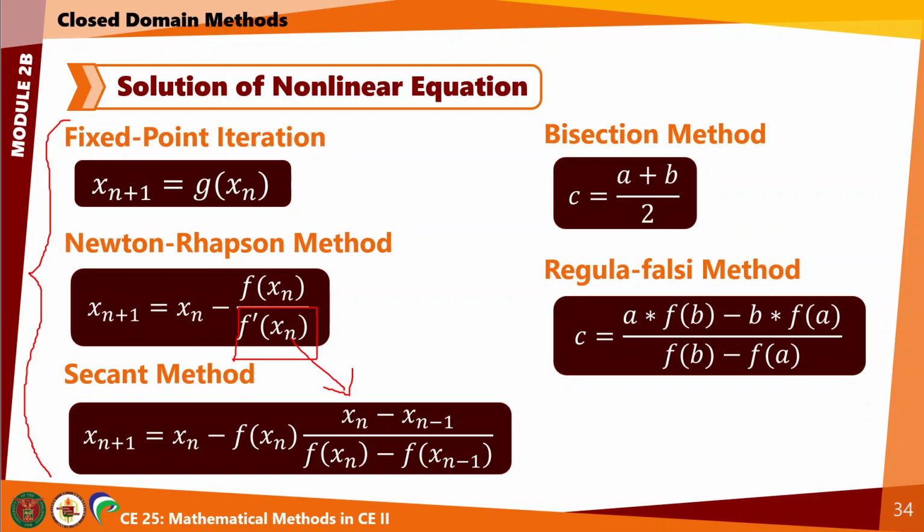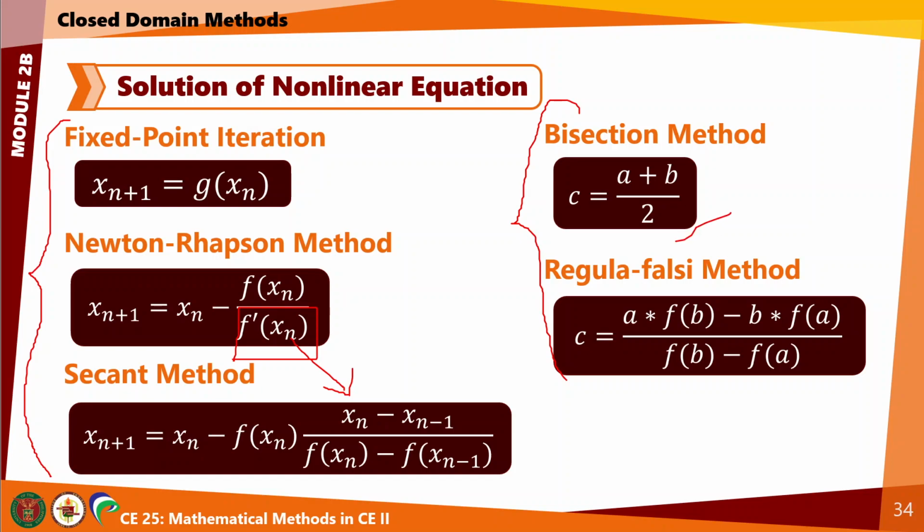Okay? So, ang difference ng secant sa Newton-Raphson is you have to have two initial points or two initial guesses. Okay? Ito naman yung closed domain methods. We have bisection method and regular falsi method. So, initial guess naman dito is an interval. Okay, and then we apply the intermediate value theorem para makuha or mag-set ng next intervals.